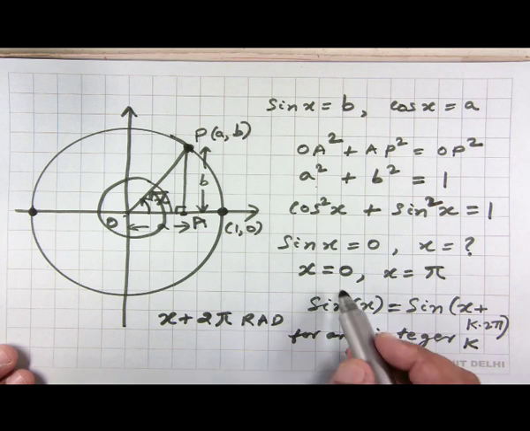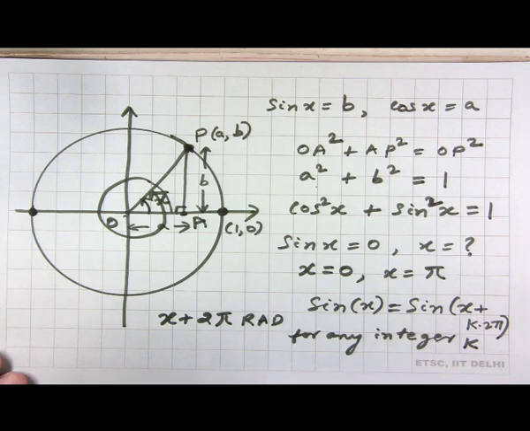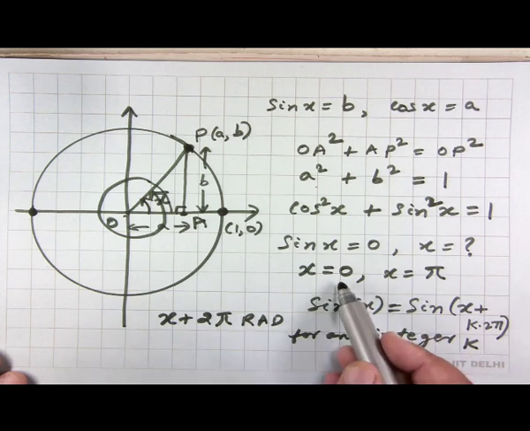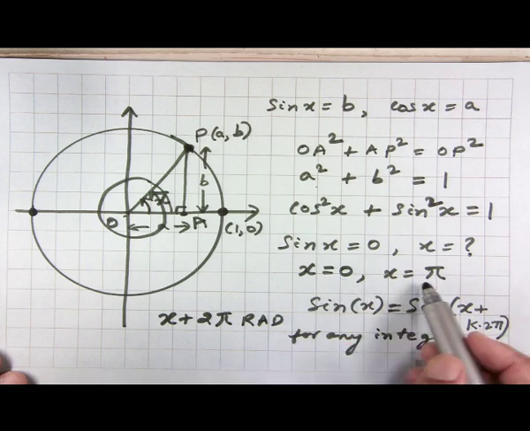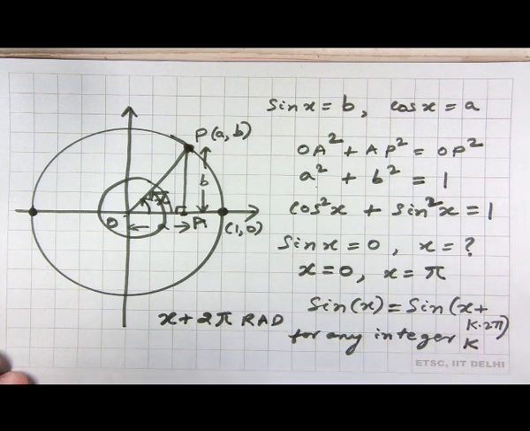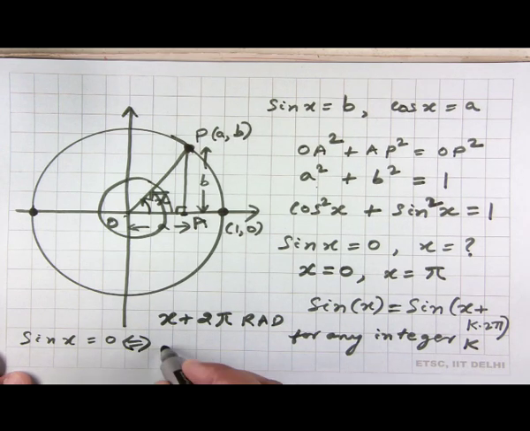In addition to x equal to 0 and x equal to pi, there will be many other solutions, because since x equal to 0 is a solution, x equal to 0 plus 2 pi will also be a solution, and therefore, 4 pi will also be a solution to this equation sin x equal to 0, and therefore, from that we can conclude that sin x equal to 0 implies and is implied by x being equal to an integer multiple of pi.